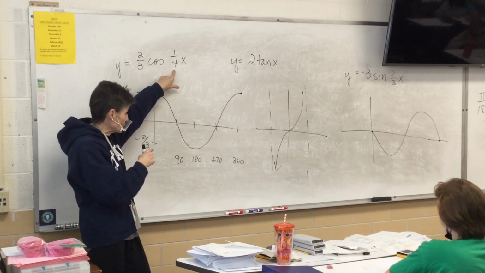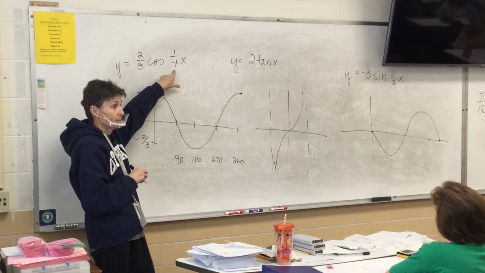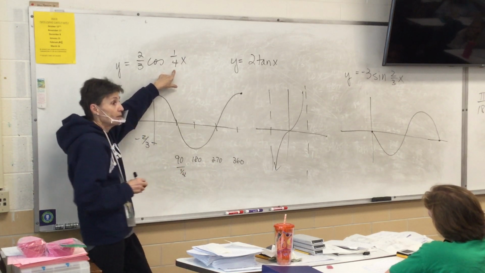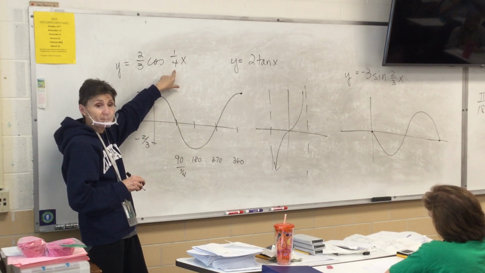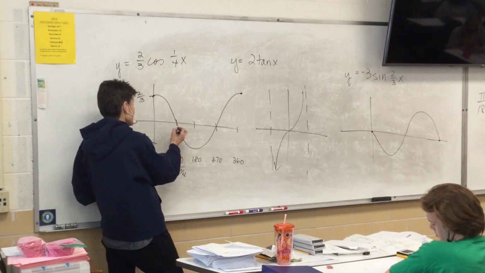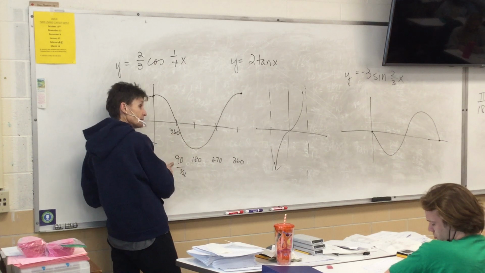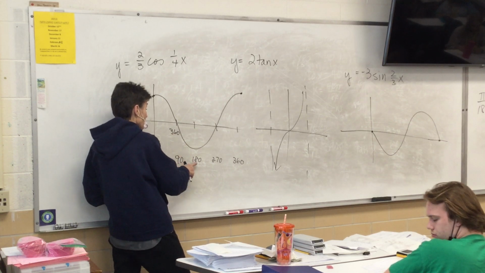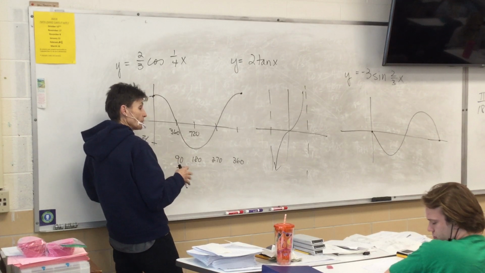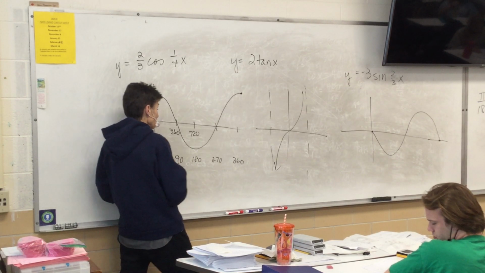What does that do to those labels? It divides them by a fourth, which is the same as timesing them by 4. So this one is actually 360, 4 times 90. This one is 720, 180 divided by a fourth, or 180 times 4.